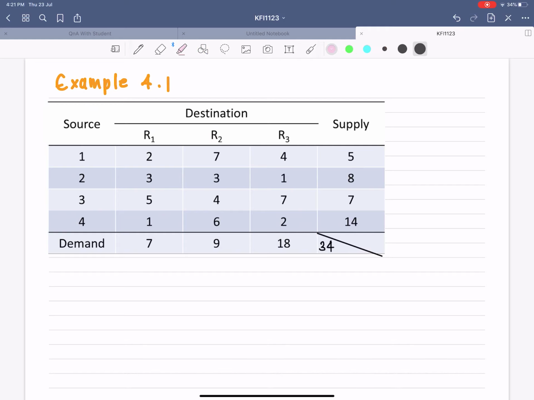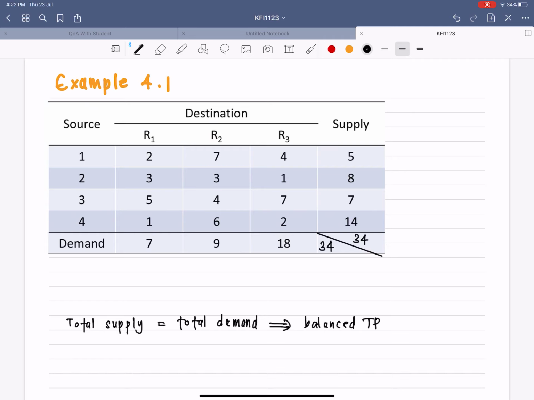And then you need to find the total of these values, where 5 plus 8 is 13, 13 plus 7 is 20, 20 plus 14 is also 34. So we have here the total supply is equal to total demand. Therefore, we have a balanced transportation problem.